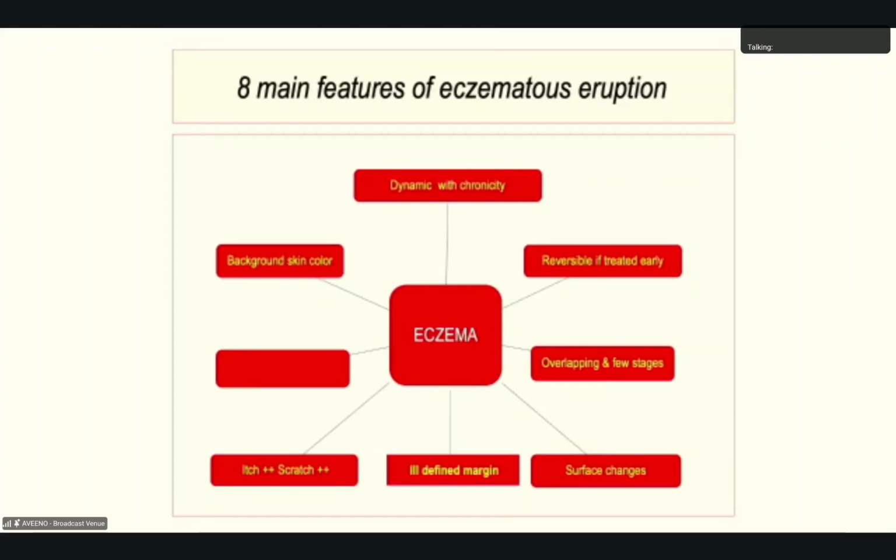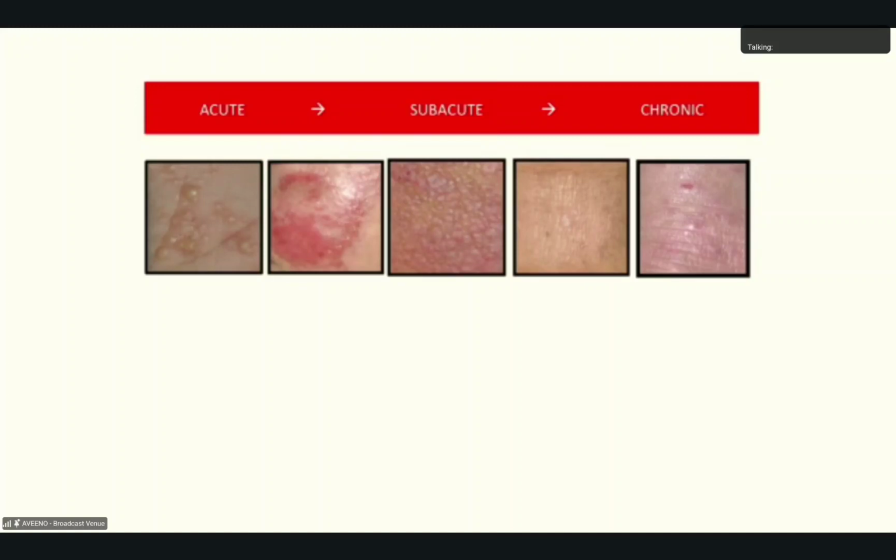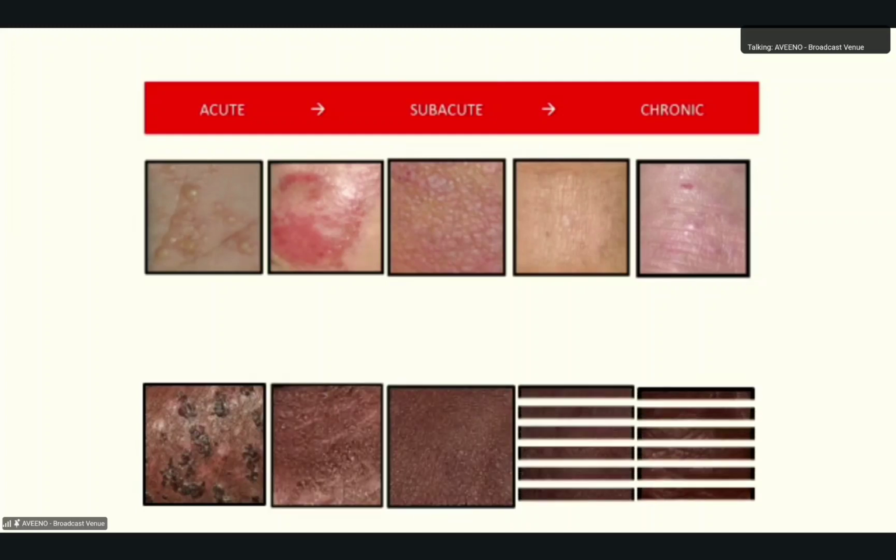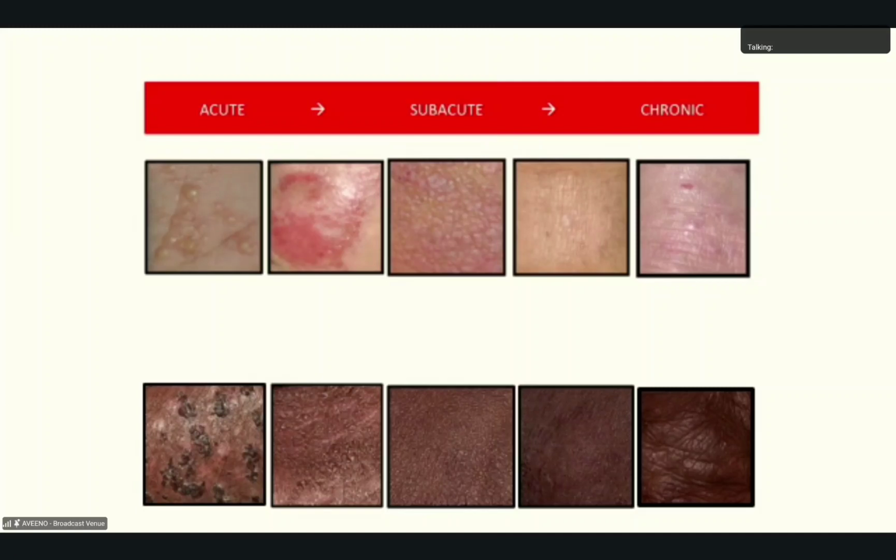Another 2 more features, which is the background skin color, and this was already highlighted earlier on. This is fair skin eczema, with different chronicity, and this is darker skin eczema. At this stage, it looks like there's no eczema.